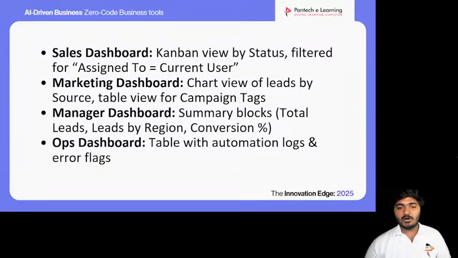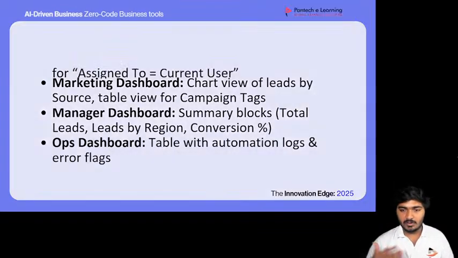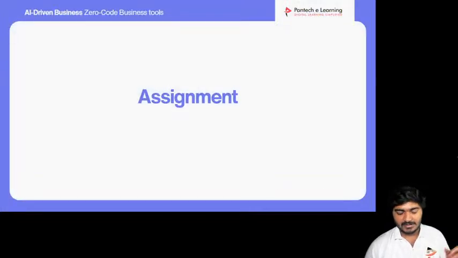A table with automation logs and error flags, so we can see how the automation is working, whether there are any errors, or anything we need to change and clarify. You can see it in the operations system and make use of it.